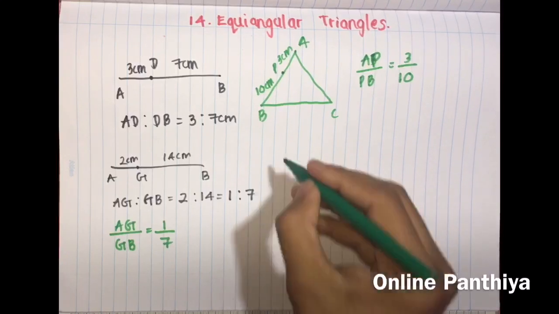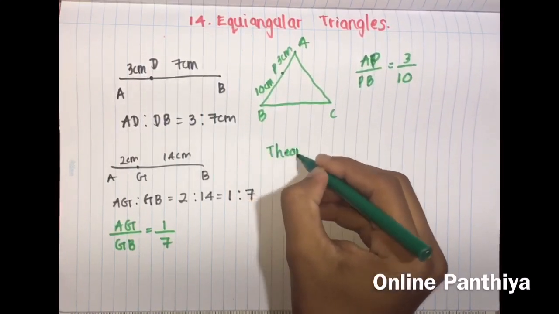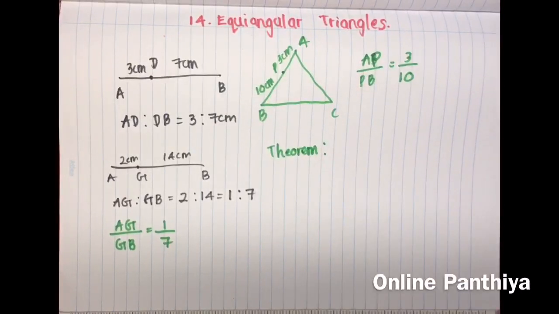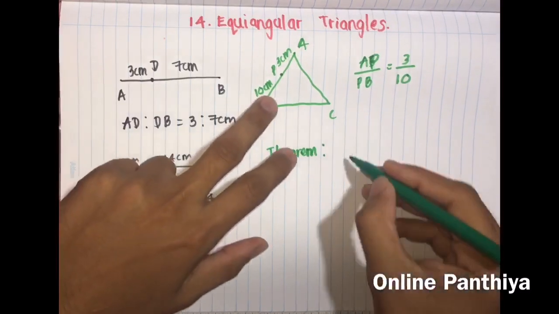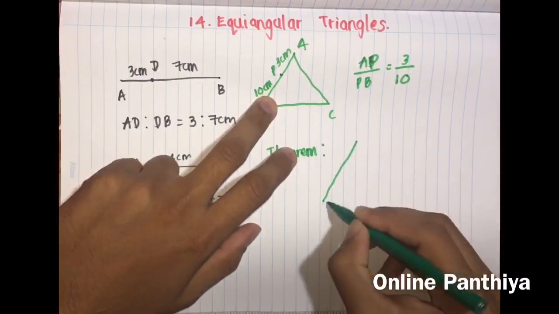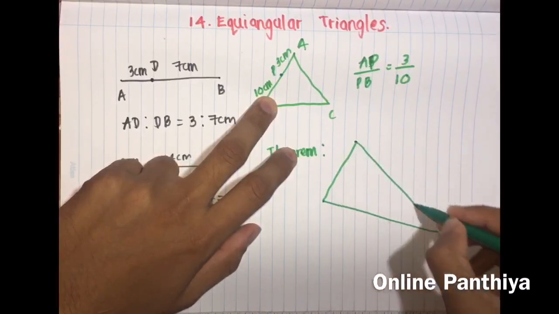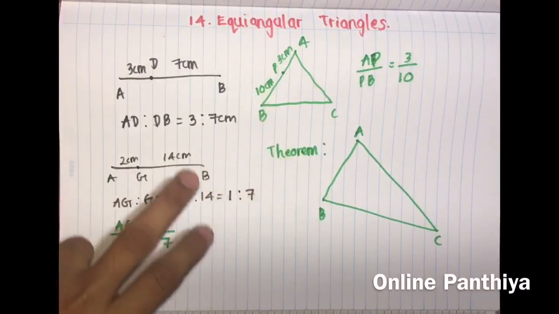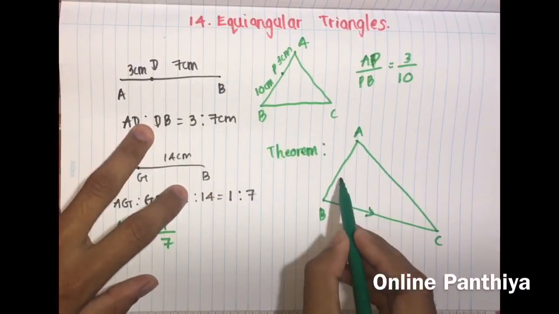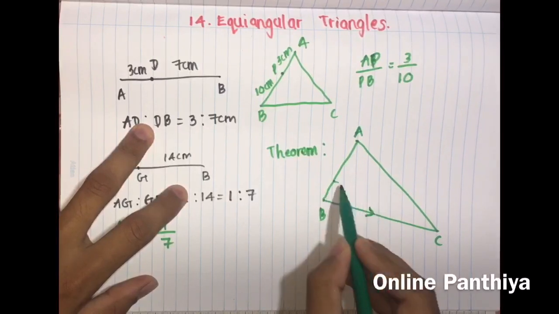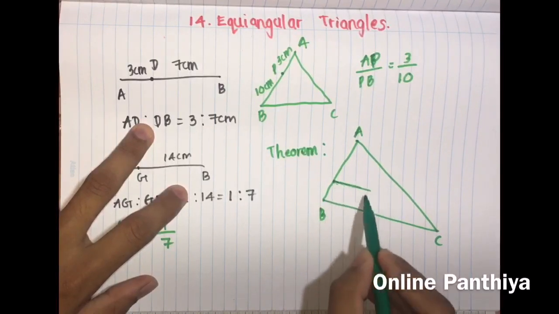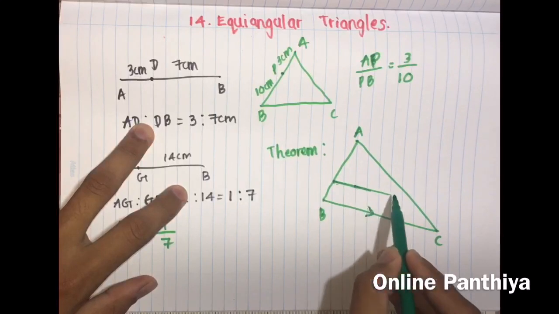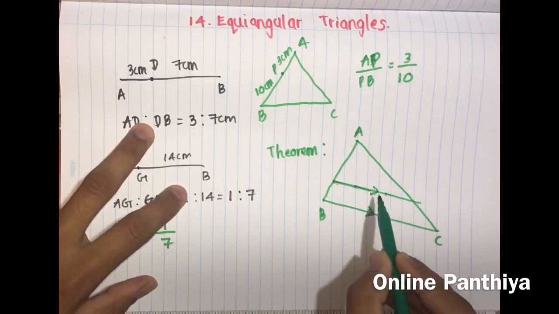Now there is a theorem you should study. The first theorem in this lesson: if you take any triangle, let me take a triangle something like this, A, B, C. Now say there is a line parallel to one of the sides of the triangle.